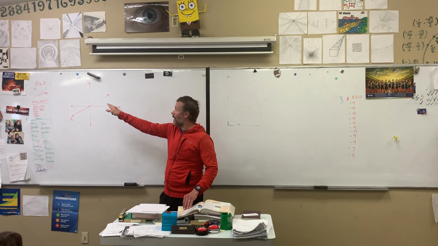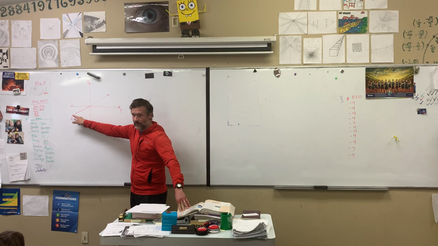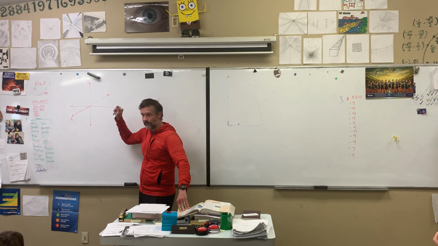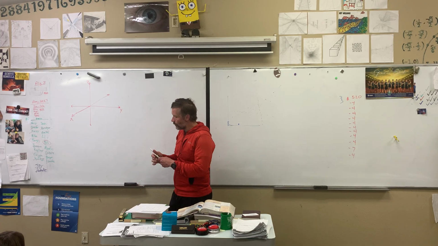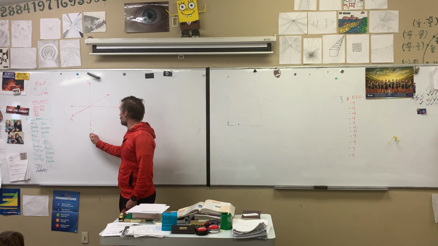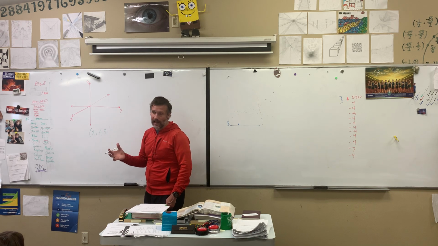With the X value, going out this direction is positive, and going out that direction is negative. So no longer an ordered pair, but rather an ordered triple, always in the order X, Y, and then Z.